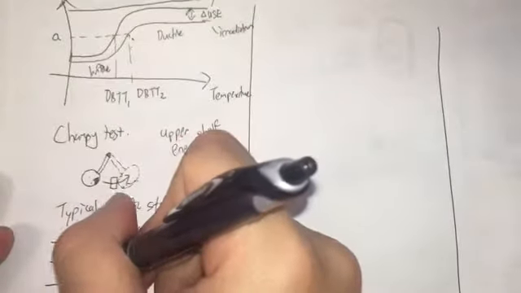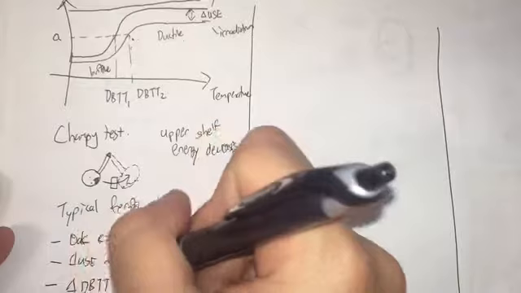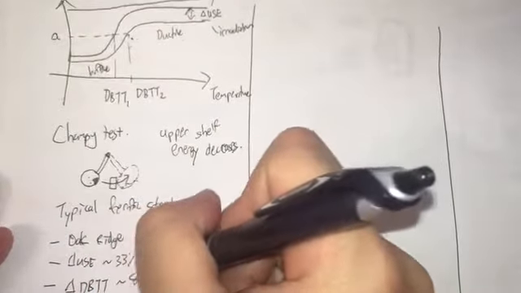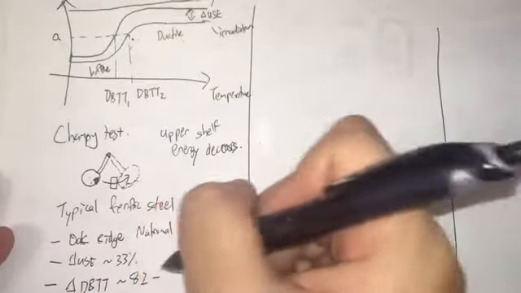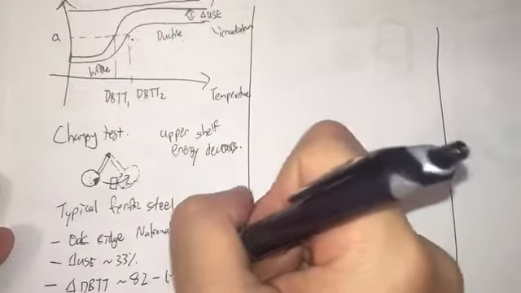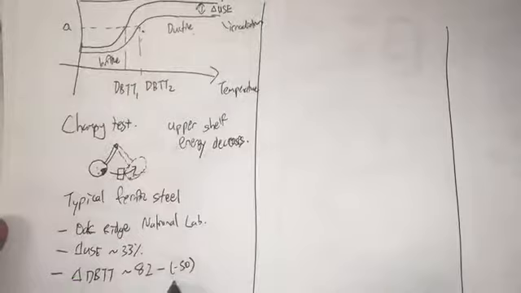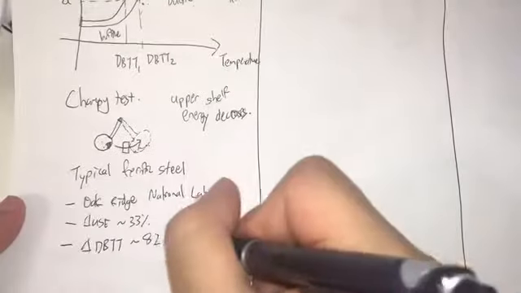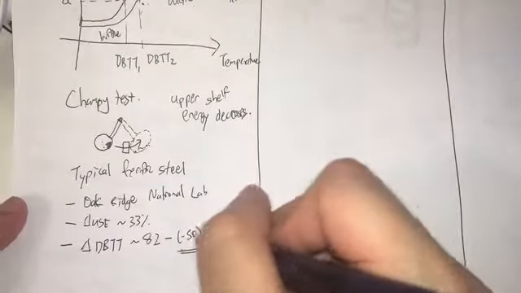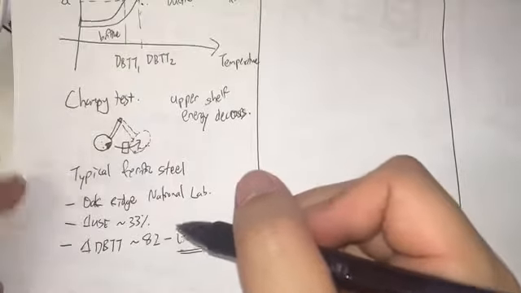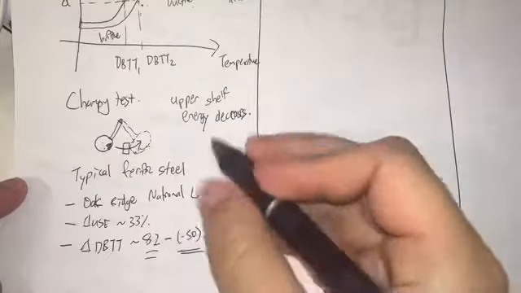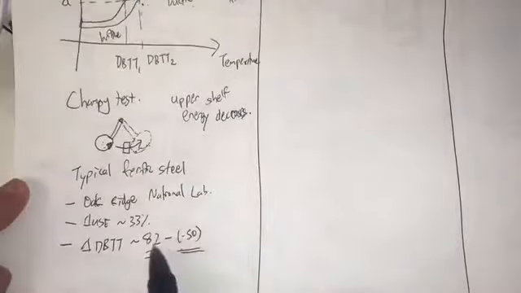The delta DBTT is about 82 minus 50. This is the original ductile to brittle transition temperature. At minus 50 degrees, the steel starts to become brittle. After neutron damage, it becomes brittle at 82 degrees C.